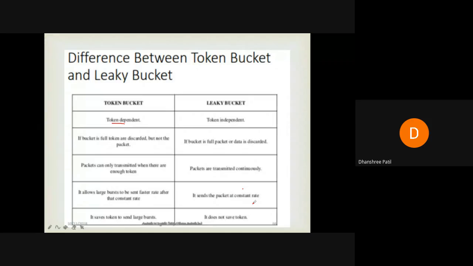Means one by one only the packets can be sent. The token bucket saves the tokens to send packets. Means it has a token to send the packet, but the leaky bucket algorithm will not save any token because token is not used in the case of the leaky bucket. So this is the general difference between the token bucket and the leaky bucket.